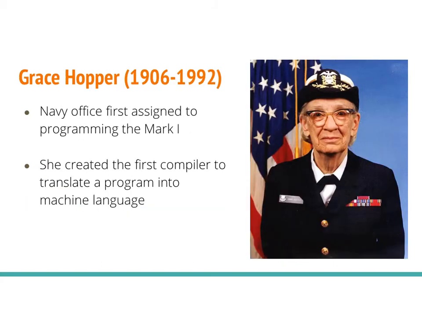Now, a woman by the name of Grace Hopper really had an important impact on the second generation of computers. Grace Hopper was a Navy officer first assigned to programming the Mark I. So she was a part of computer science back in the 1940s when the Mark I was being utilized.